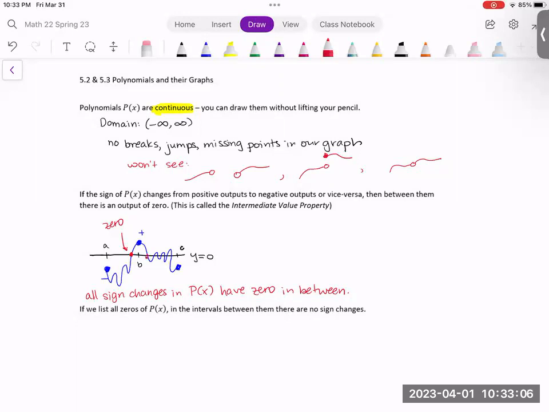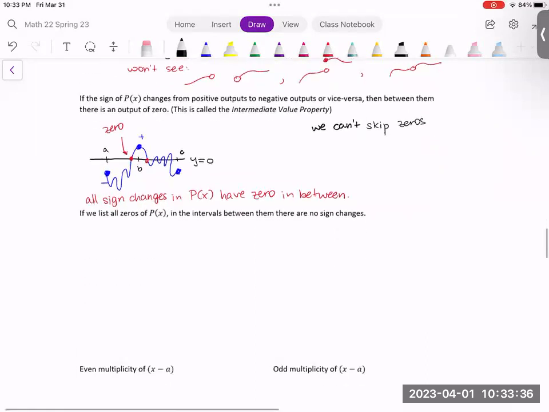And here we see multiple, but there's definitely going to be one. Another way of saying this is we can't skip zeros. If there's a sign change, there is going to be an x value that produces a y value of 0.